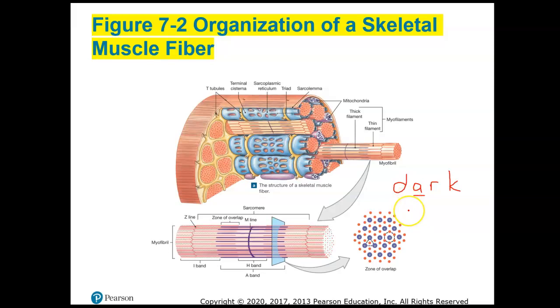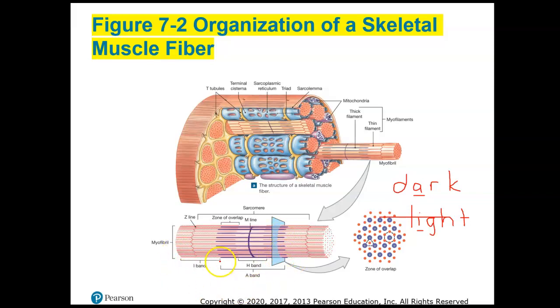But then the I band is just the region where you have only actin filaments, which are thin, so they are light in color. Anyway, you can see that light has an I in it, for I band. So A band, dark, because the thick filaments are darker. So the A band is going to stretch the length of the thick filaments or the myosin filaments.